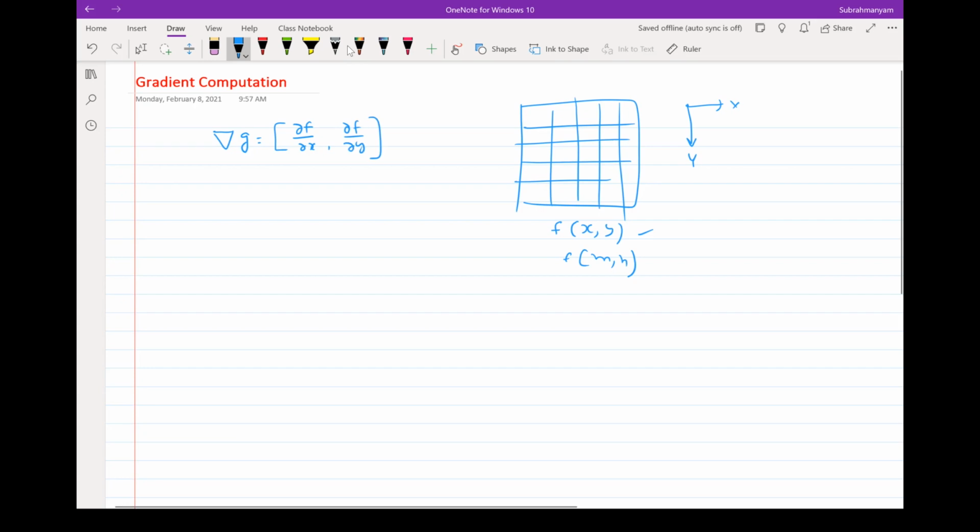Now we need to figure out how to write dou f by dou x, given f of x comma y. Essentially, you make an incremental change in x, consider two values with an infinitesimally small variation in x, consider f values for both and subtract them.